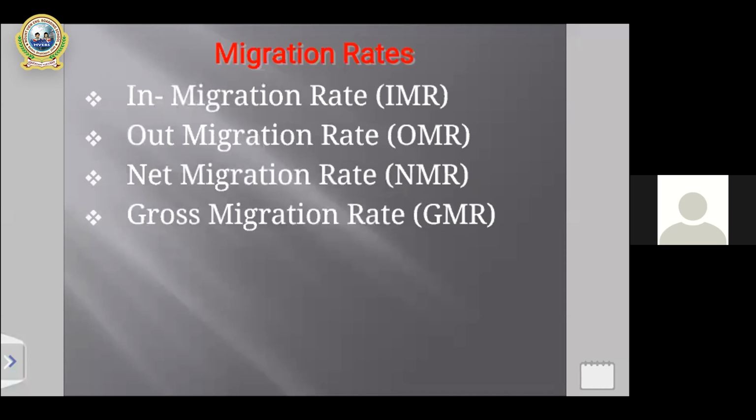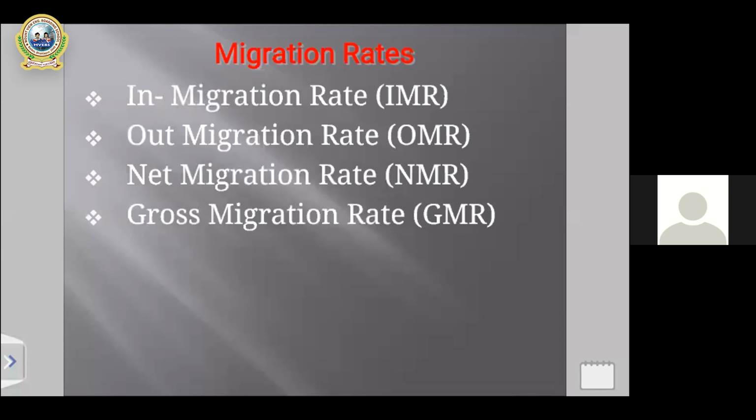My dear students, you can copy down in your copy: net migration rate is also known as the particular migration rate, or short form PMR.